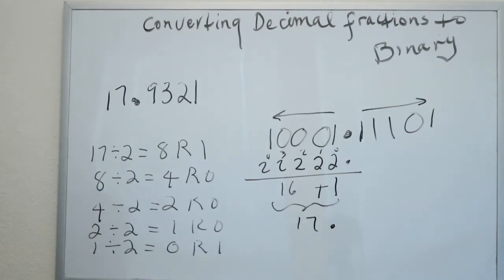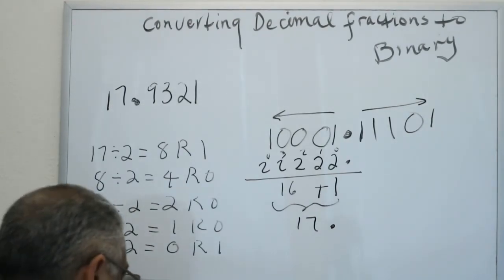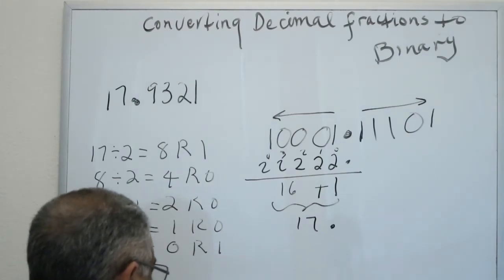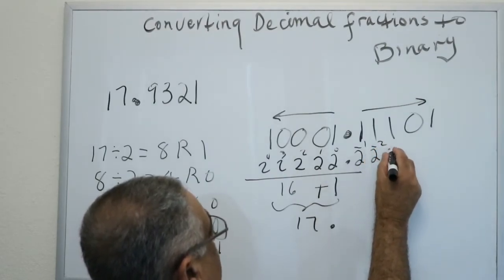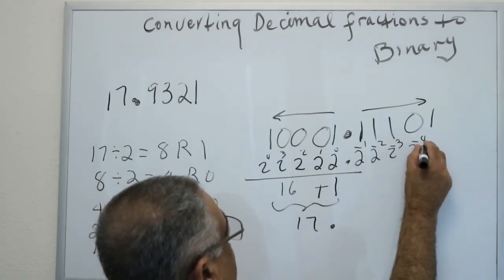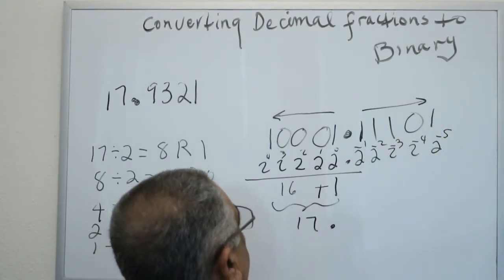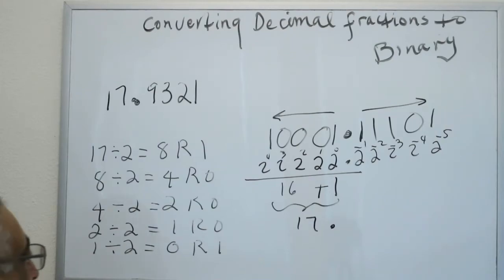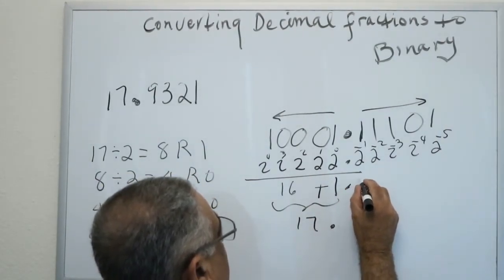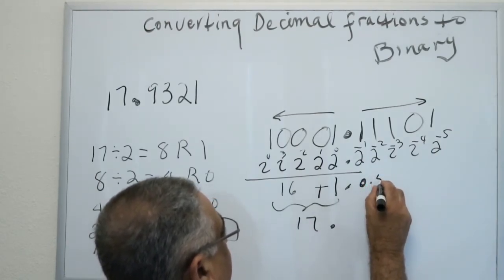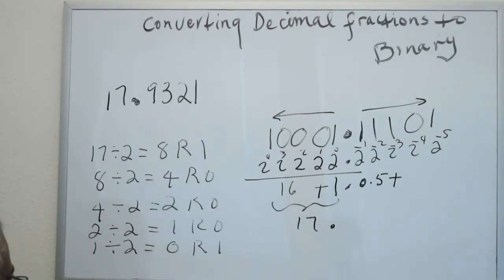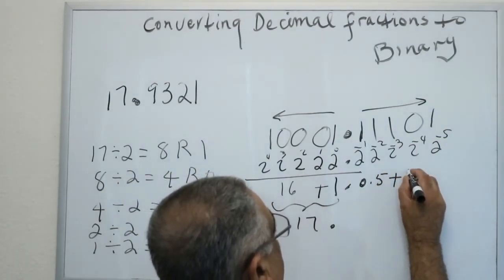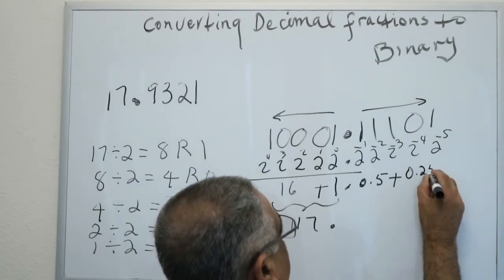Now, let's go the other way. For the second part, this is 2 to the negative 1, 2 to the negative 2, negative 3, negative 4, negative 5. Now, 2 to the negative 1 is 0.5. Now, 2 to the negative 2 is actually 1 over 4, which is 0.25.